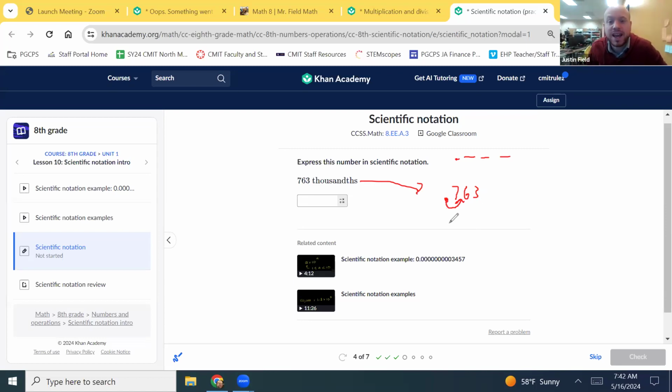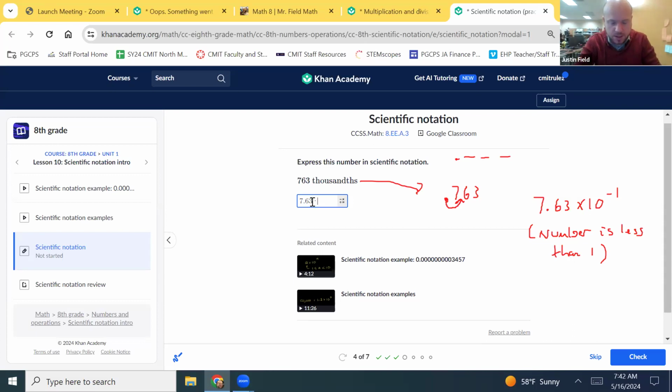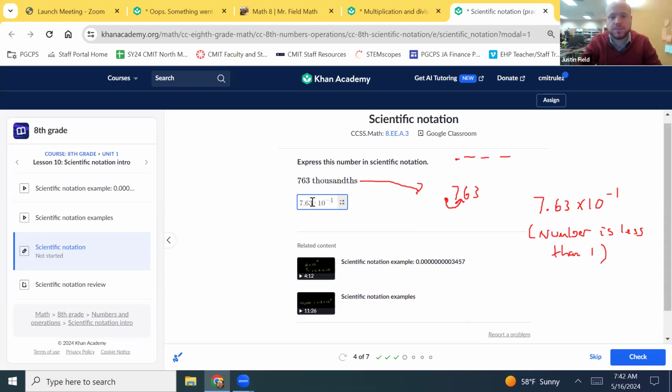That means it's a negative exponent. So this is going to be 7.63 times 10 to the negative first, because the number is less than 1. Anytime the number is less than 1, we have a negative exponent. It's not a negative number, it's just less than 1. So it's going to be 7.63 times 10 to the negative first.